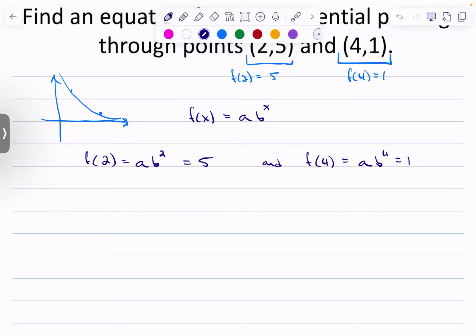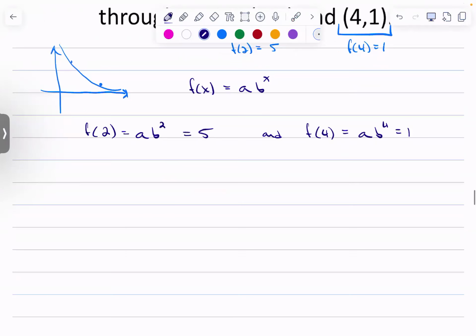What I can do is, what if I solve for a in the first one, and then I substitute that a into the next one, right? Kind of turn it on itself. So here, solve for a, we get a is 5 over b squared.